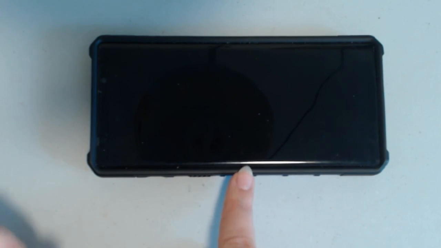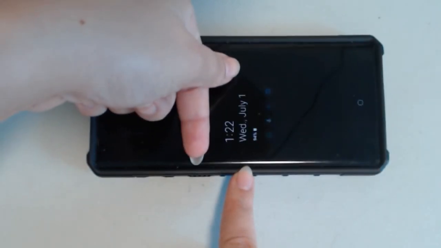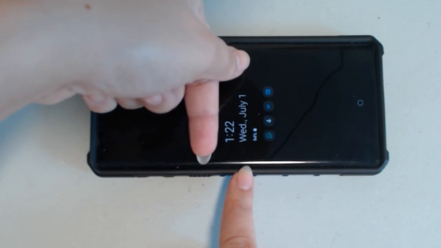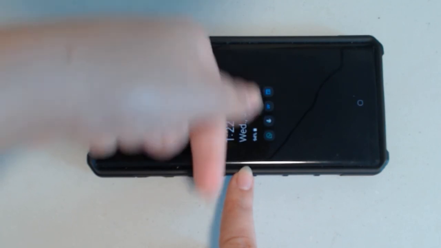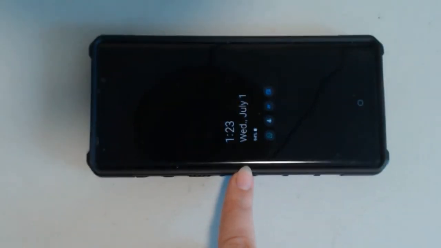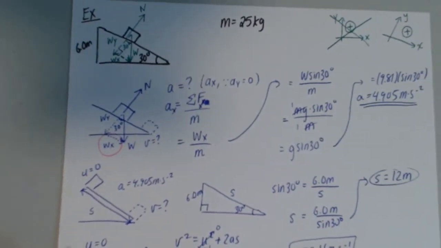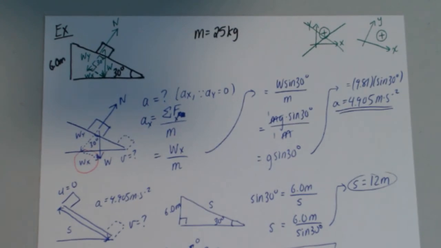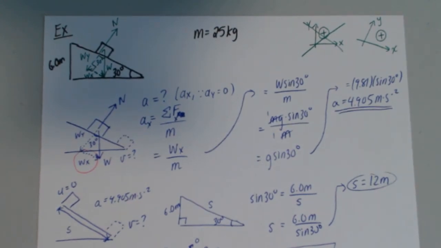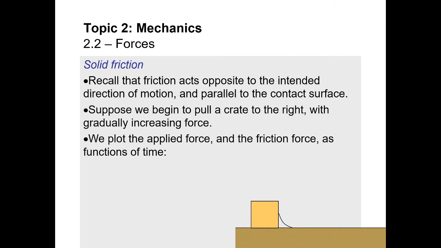That means throughout the entire time that I'm applying a force, there is a friction force resisting the motion, acting in the opposite direction. Now, at some point, if you apply enough force, obviously the phone will start to slide, and when that happens, you have broken that static friction barrier. So we'll talk all about that in the animation.